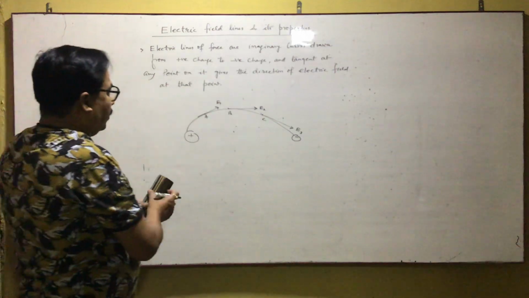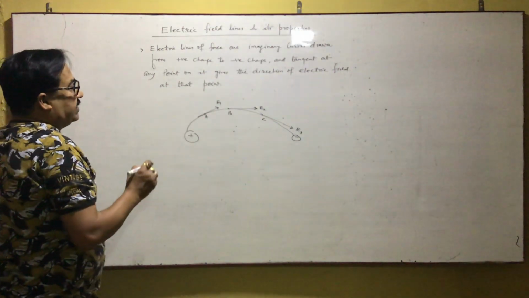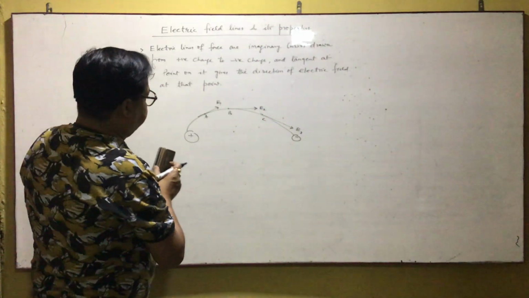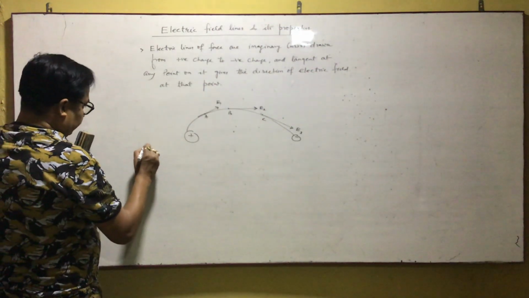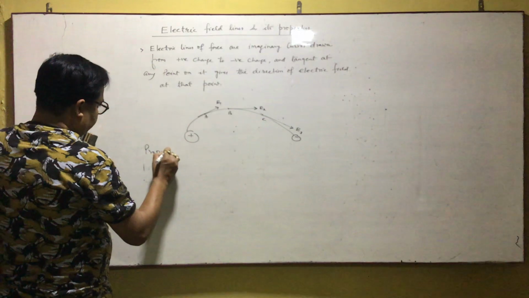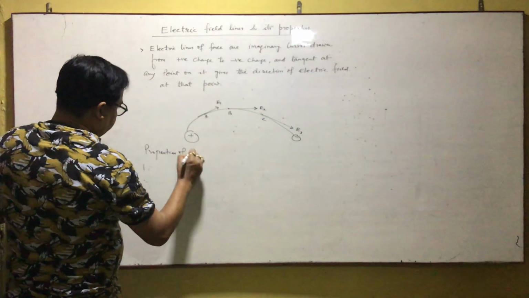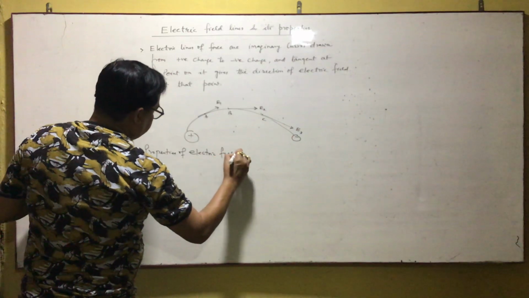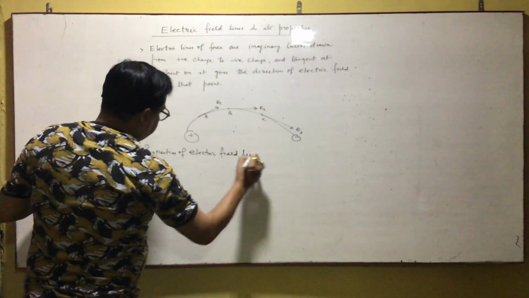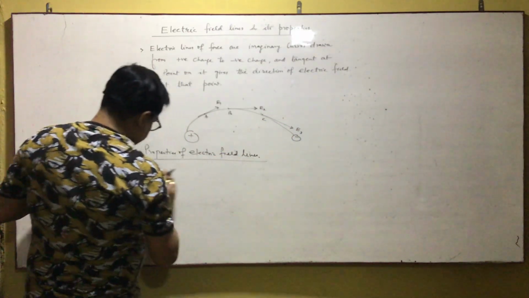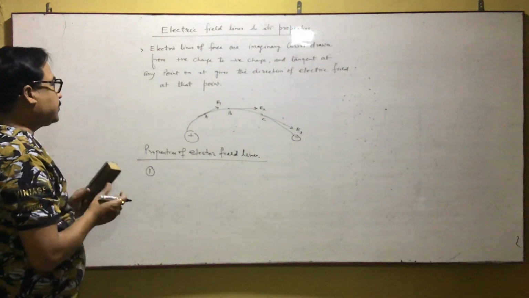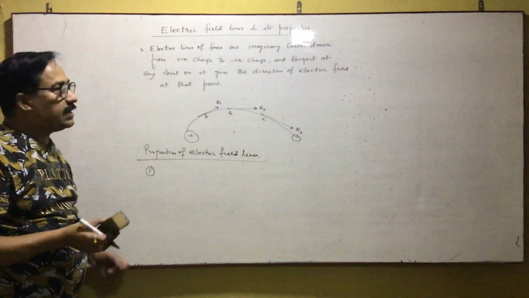Now the properties. So properties of electric field lines. We have to write one by one. The first property we can write from the definition itself.